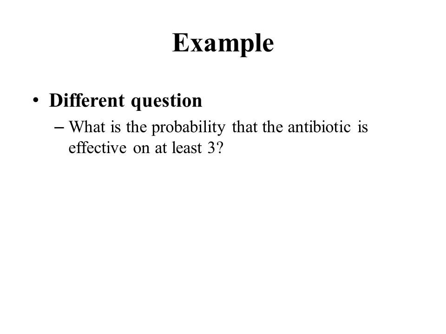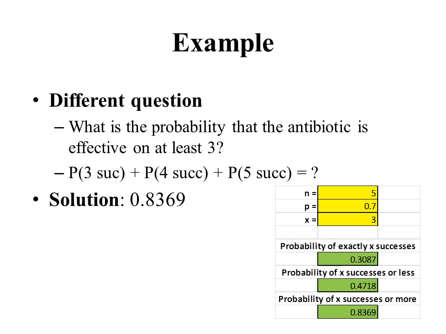Okay. Well, now let's modify our question a little bit. We might ask, what's the probability that the antibiotic is effective on at least 3 of the patients? So at least 3 means 3 or 4 or 5. And so we could, in principle, calculate these 3 probabilities using the formula, add them up, and we get our probability.